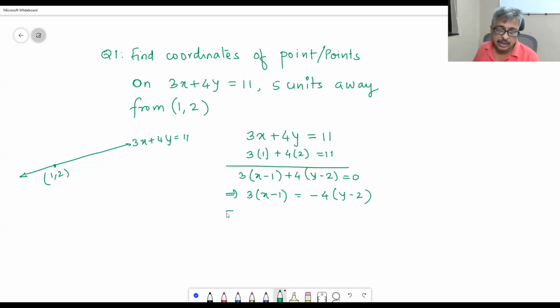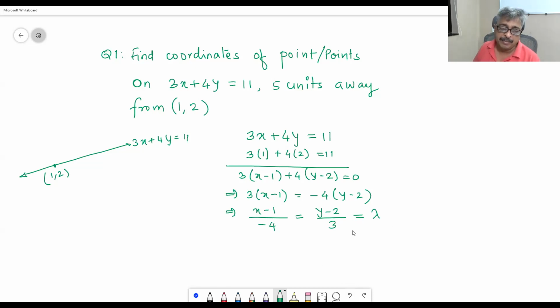Okay. Therefore, (x minus 1) upon minus 4 is equal to (y minus 2) upon 3. Now, x and y are such that they will make this ratio equal in this form. Let me call this constant t, or let me call it lambda.